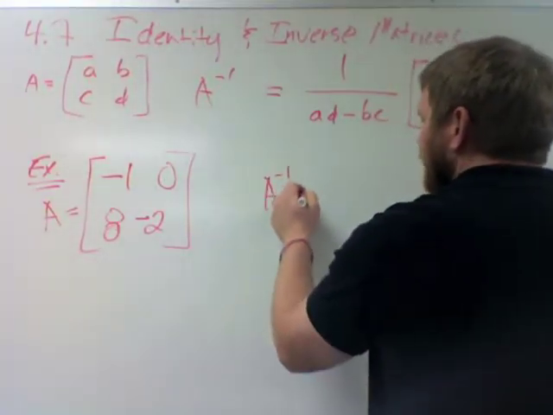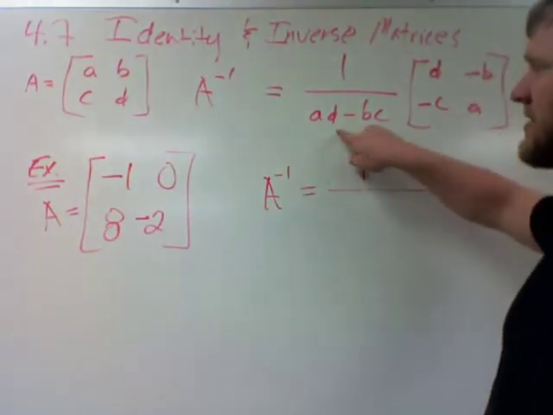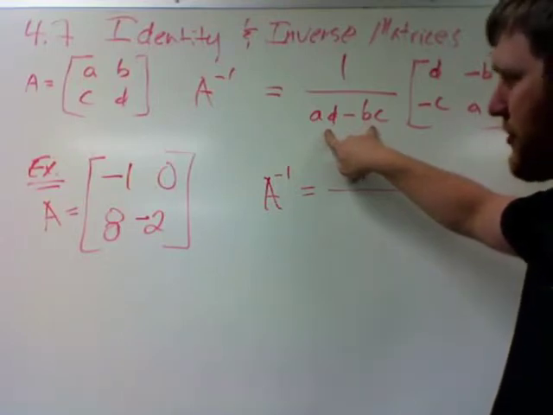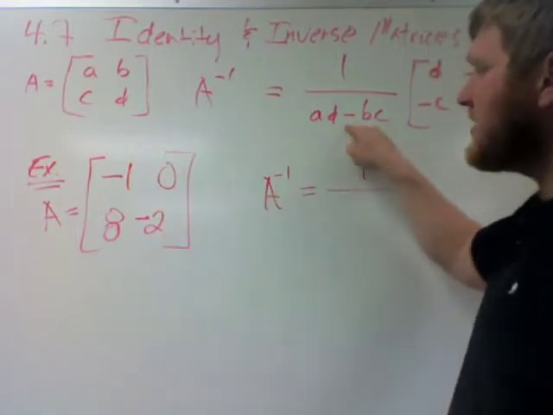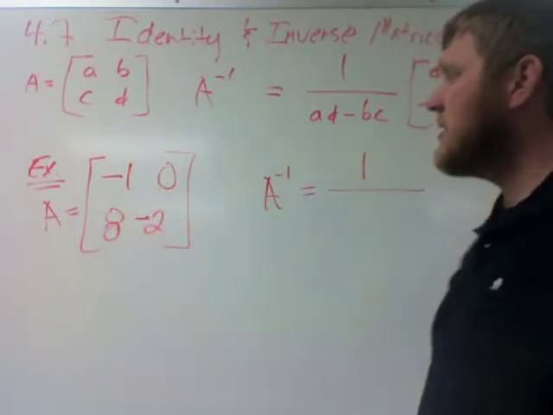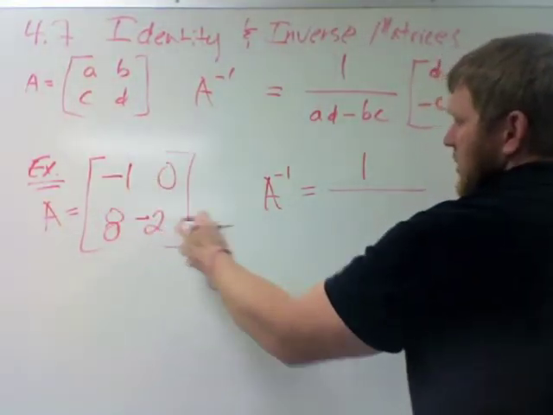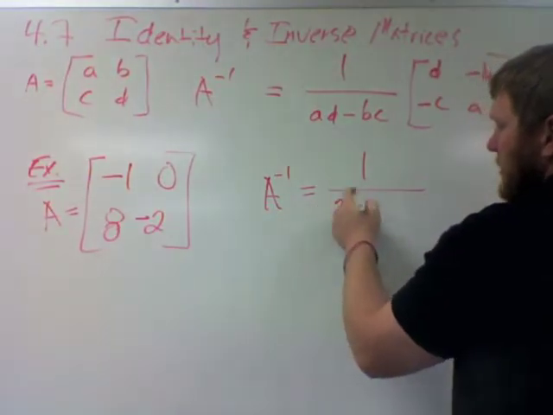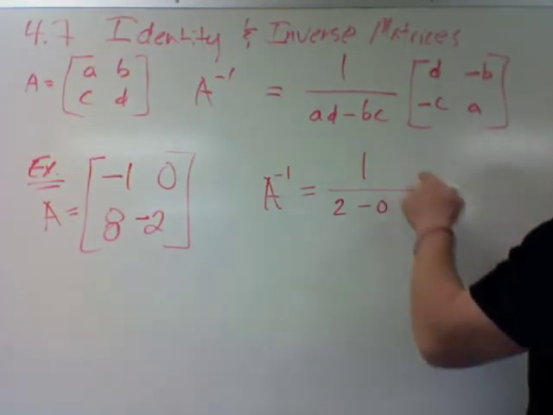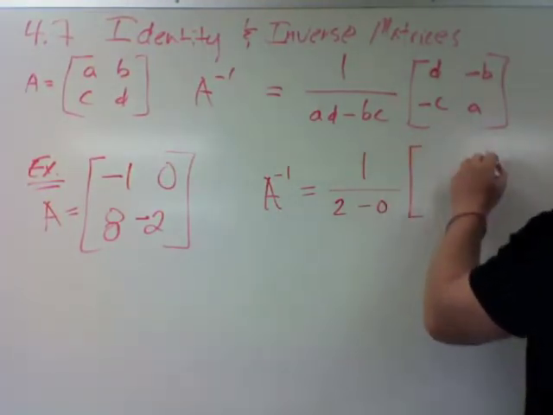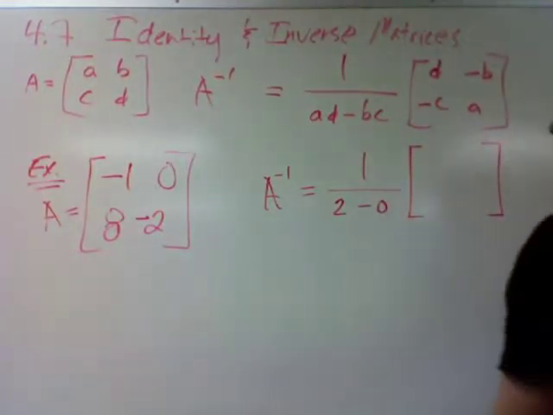So A inverse equals 1 over... If you remember this right here, this is the determinant of a 2x2 matrix, because I multiply A times D, and then I subtract the product of B times C. In this situation, I get -1 times -2, which is 2, minus the product of 8 times 0, which is 0. And eventually that simplifies to 1/2.